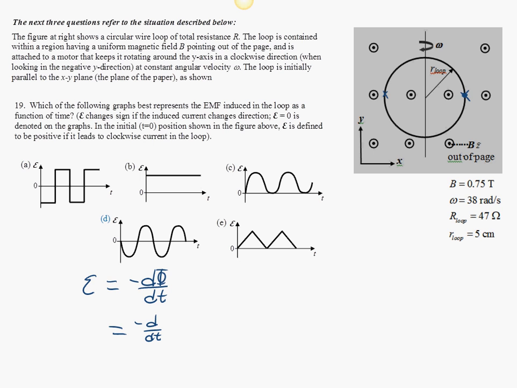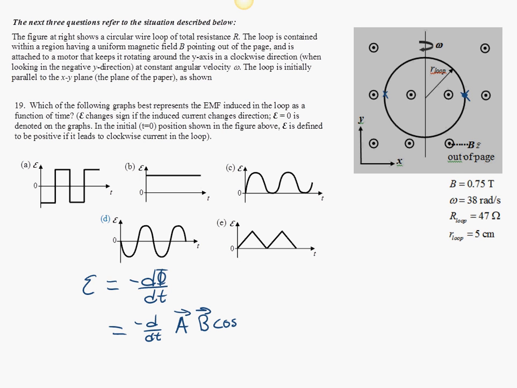Well, the flux is just going to be equal to the area of the loop dotted into the magnetic field. So I'll just write that as the magnetic field times the dot product, the cosine of the angle between them. And exactly what that angle is, remember, it's the area vector.